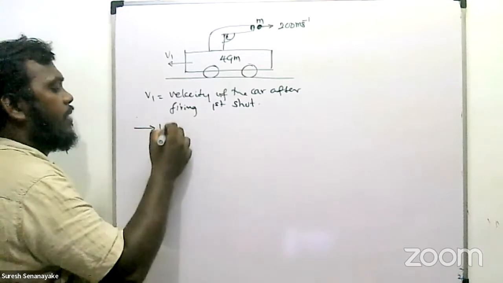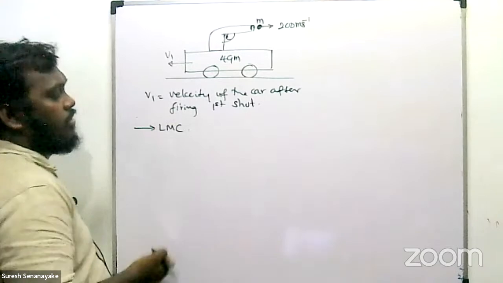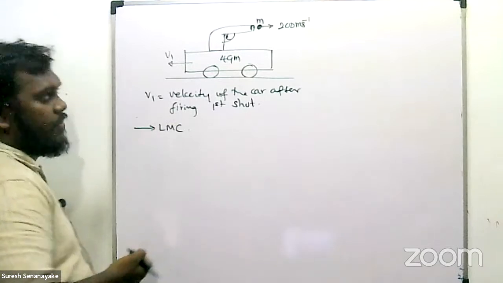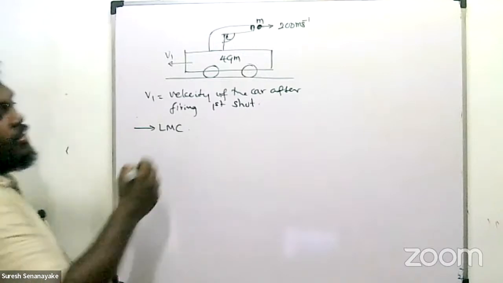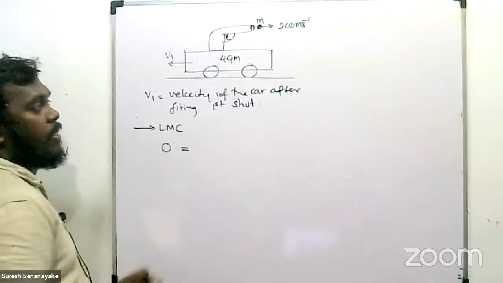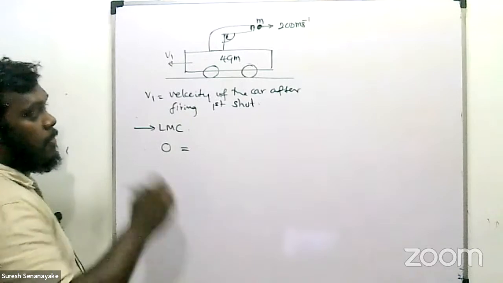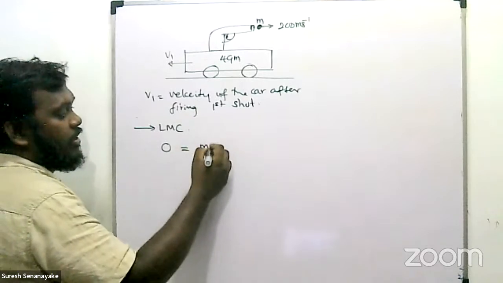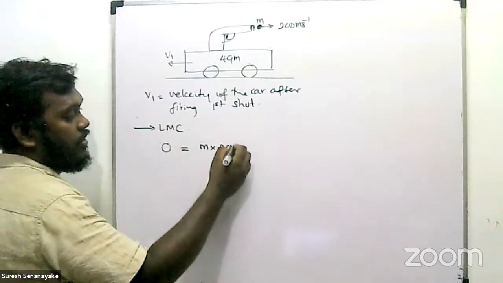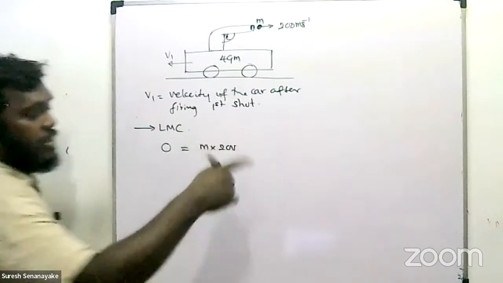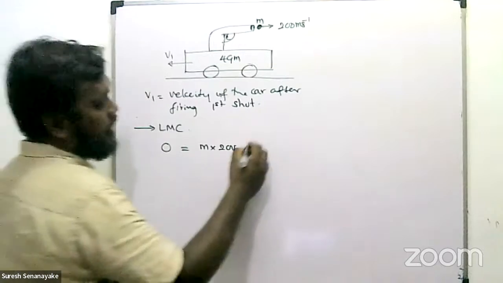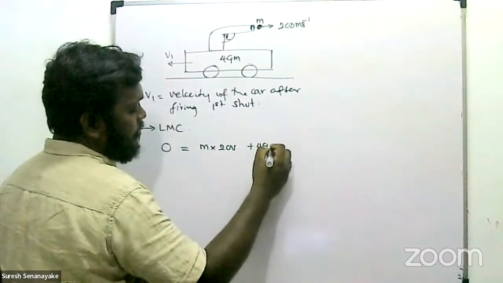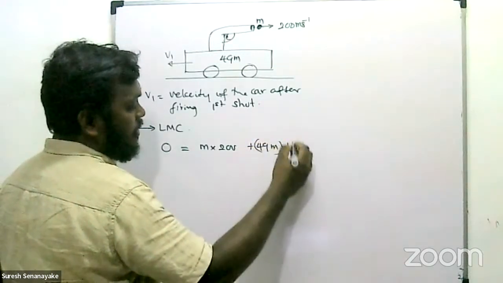Then you can find this v1. Apply the linear momentum conservation in this direction. Before the firing, all the momentum is 0. After the firing, the momentum of the smaller body is m multiplied by 200 meters per second in this direction, and the other part is 49 m into v1.